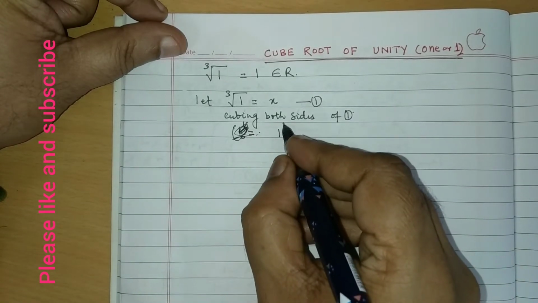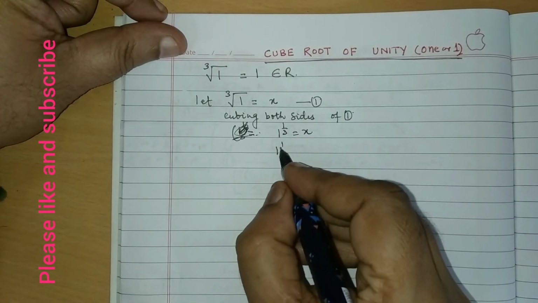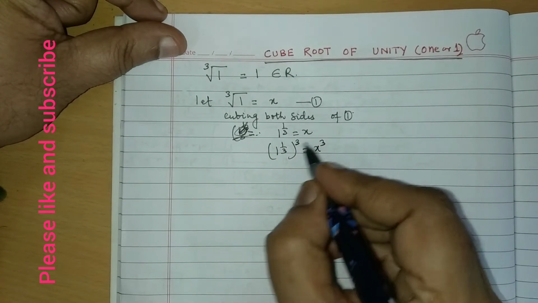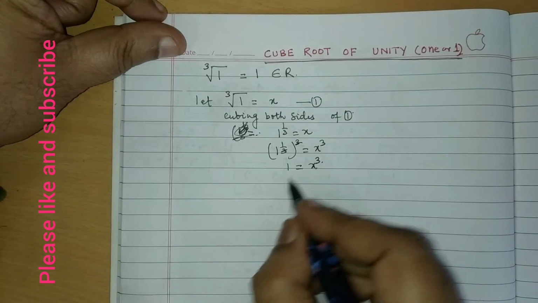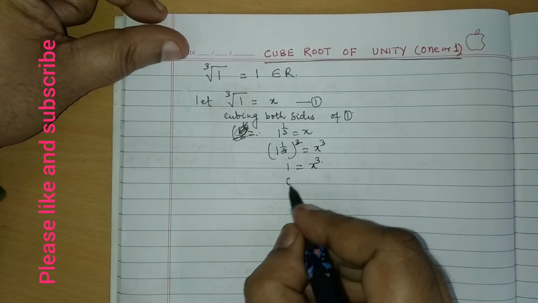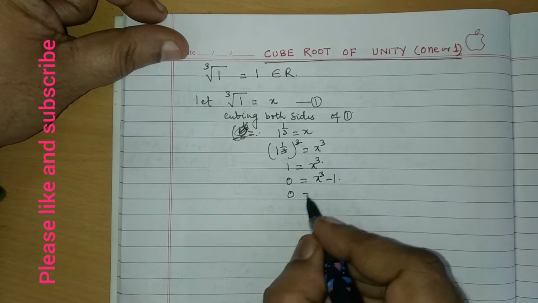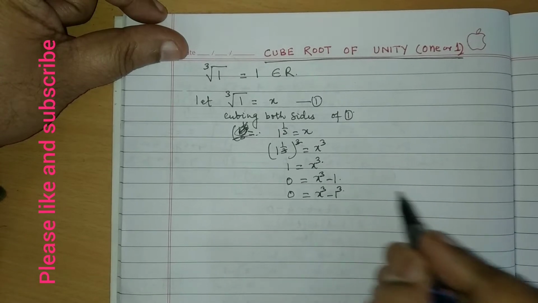So 1 to the power 1 by 3 is equal to x, as given. So (1 to the power 1 by 3) whole to the power 3 is equal to x cube. So the 3 will cancel, and 1 is equal to x cube. Now bringing 1 to this side, 0 is equal to x cube minus 1, and 1 can be written as 1 cube.